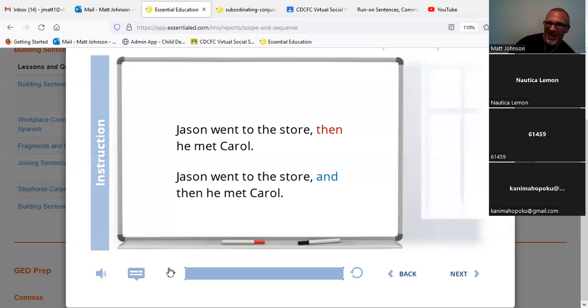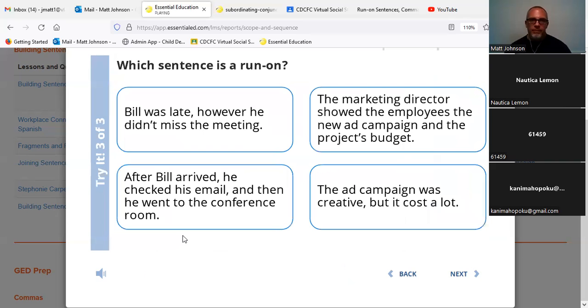So that's a lot to take in, but it's basically knowing the difference between a real conjunction to combine two independent clauses, or words like therefore, nevertheless, furthermore, moreover, which are adverbs.